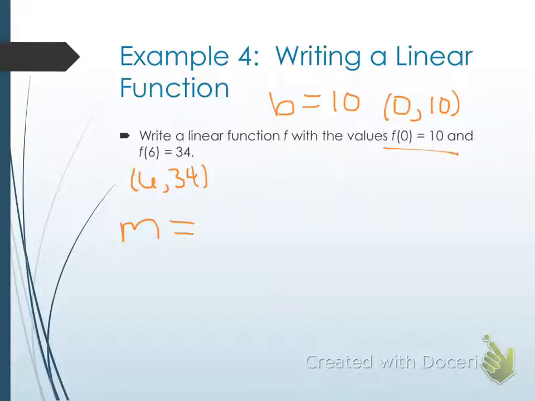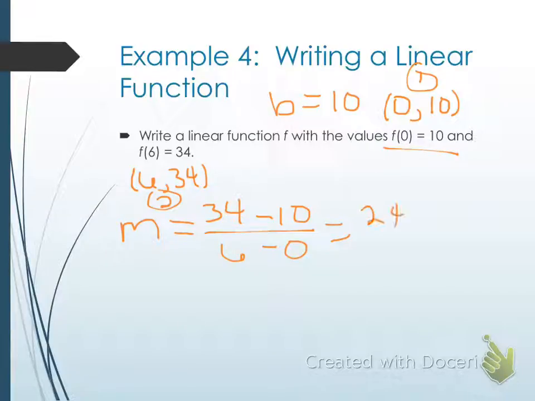We'll call this one 1, this one 2. So we've got 34 minus 10, change in y, over my change in x, 6 minus 0, which is going to give me 24 over 6, which is just going to simplify to 4. Now, to write the equation of the line, we are going to have y equals my slope, which is 4x, plus my b, which is 10.